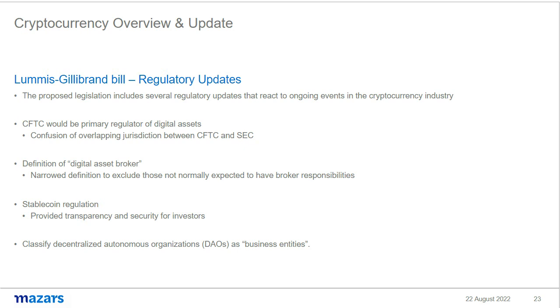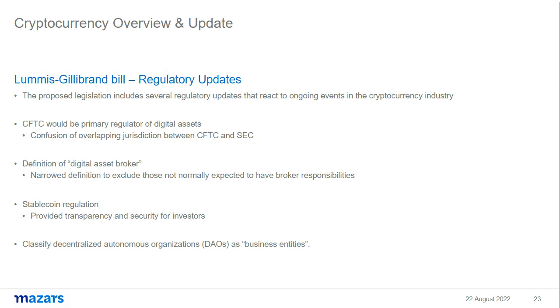The bill proposes that stablecoin issuers would now be required to disclose the assets that are backing their tokens and maintain full reserves against them. So these types of disclosures and assurances provide much needed transparency and security for investors that are interested in stablecoins, and give them an opportunity to have a better understanding of what they're investing in the first place.